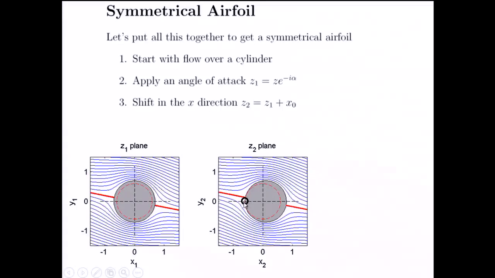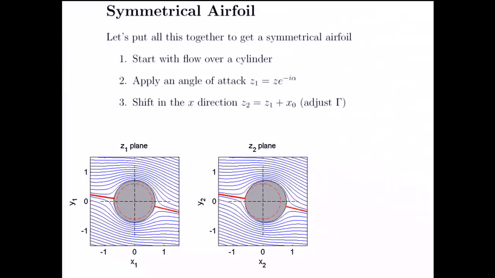Okay, these two circles touch at this point, and then we need to adjust the circulation to force the stagnation point to go to the critical point.